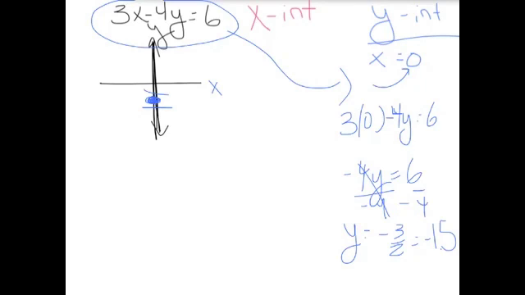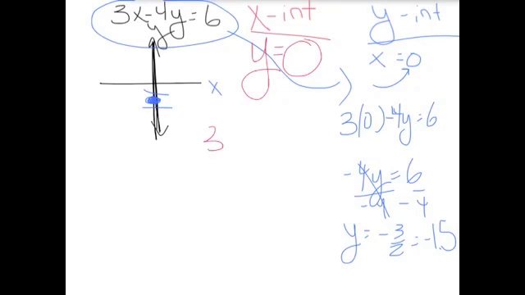Okay? So for my x-intercept, similarly to the y-intercept, the axes still intersect at the origin, which means that any line that crosses the x-axis will cross at a point in which y equals 0. Which means to find the x-intercept, all I have to do is solve for y equals 0.